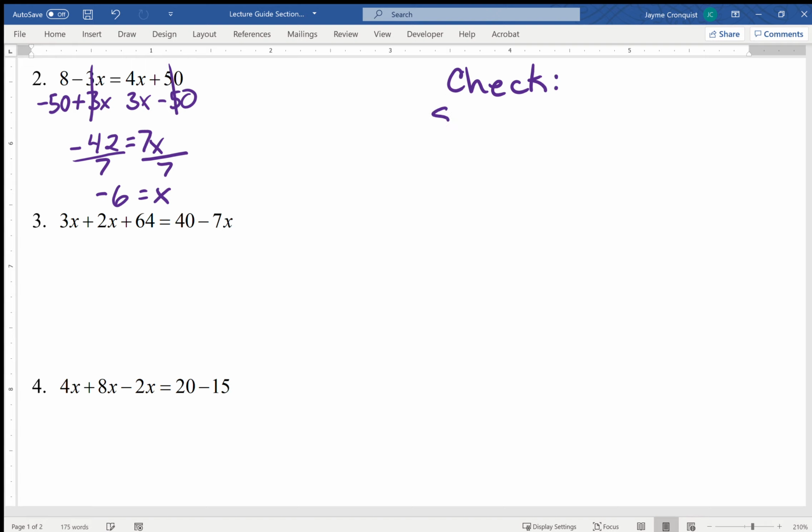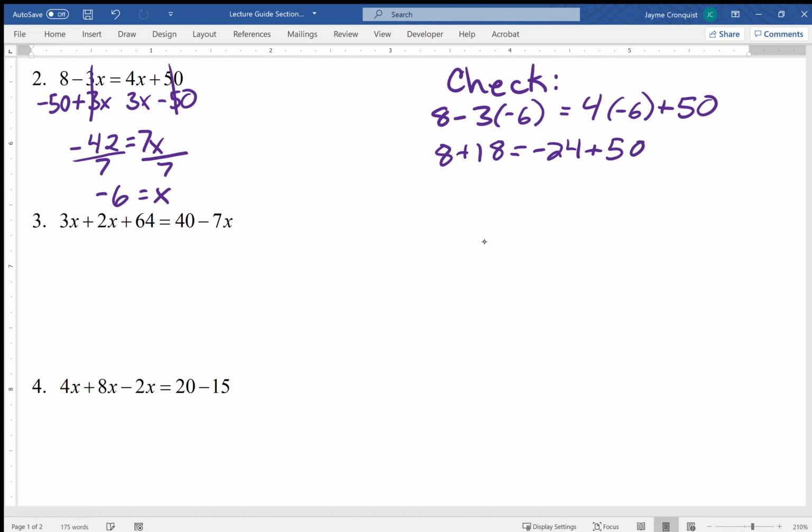Alright, so we have 8 minus 3 times our x, which is negative 6, equals 4 times our negative 6 plus 50. Alright, so 8, negative 3 times negative 6 is a positive 18. So it's 8 plus 18. Does that equal 4 times negative 6, which is a negative 24, plus 50?